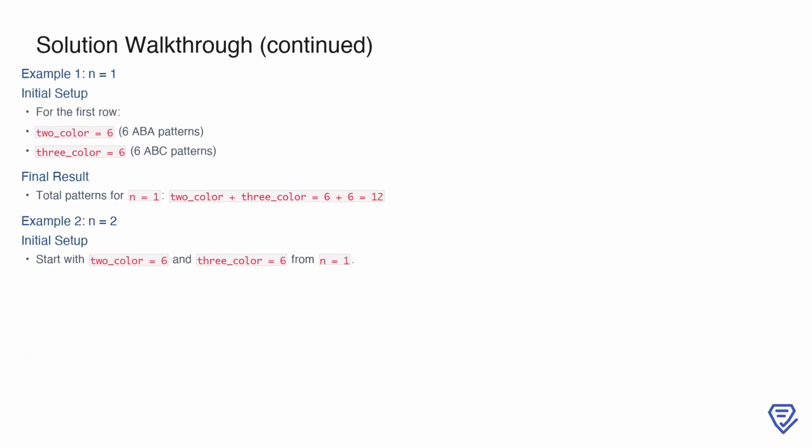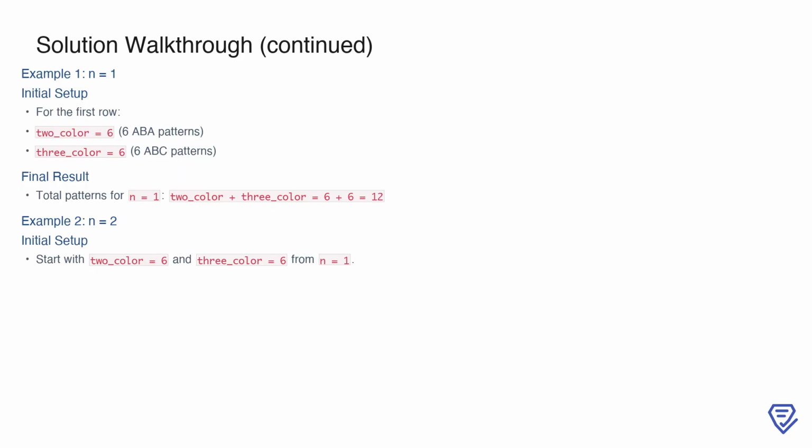Now, let's consider the case where n equals 2, which means we need to paint two rows of the 3 times n grid. The initialization remains the same: mod is set to 10^9 + 7, 2_color starts at 6, and 3_color also starts at 6. For the second row, we calculate the new counts based on the previous row's values. The formula for new_2_color is 2 times 2_color plus 2 times 3_color, all modulo mod.